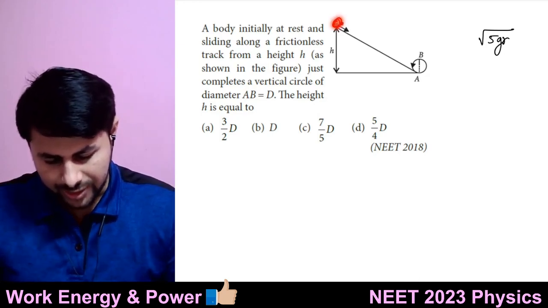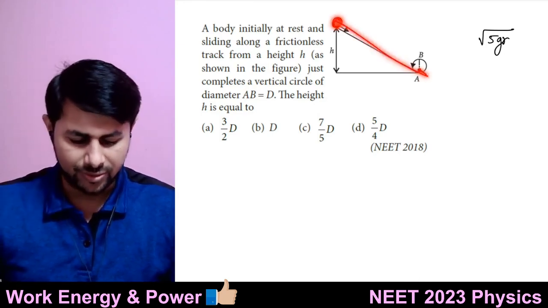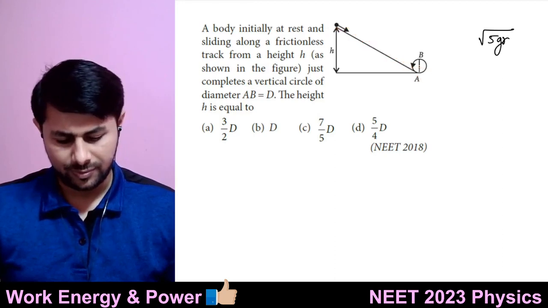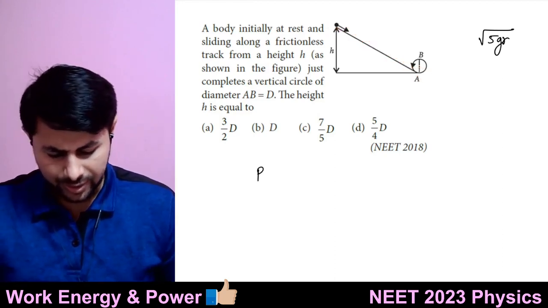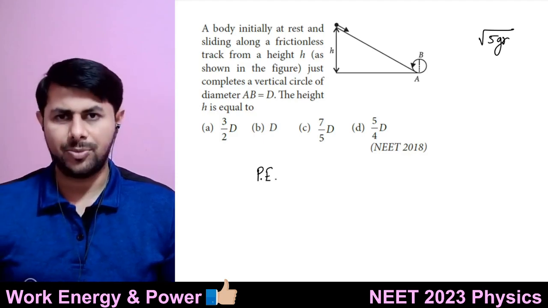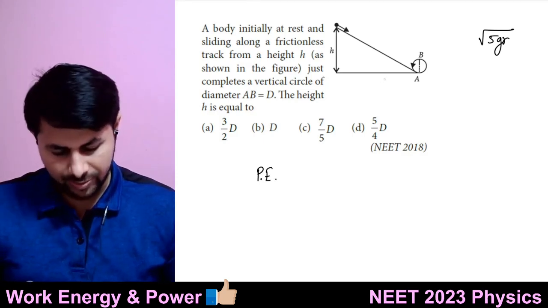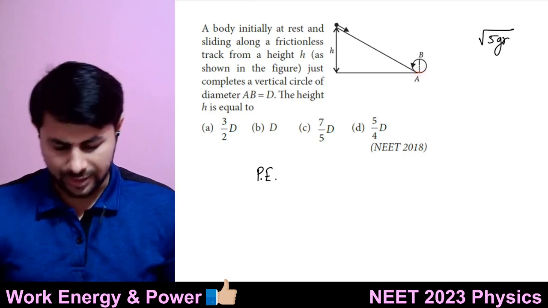Then it is very simple. The potential energy at this point gets converted to kinetic energy at this point. Let's suppose at the top it has only potential energy, and at the bottom it has only kinetic energy.